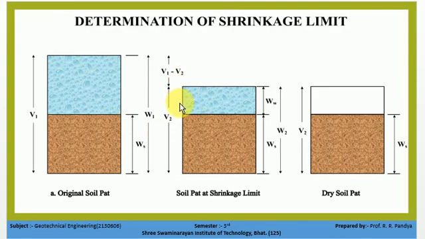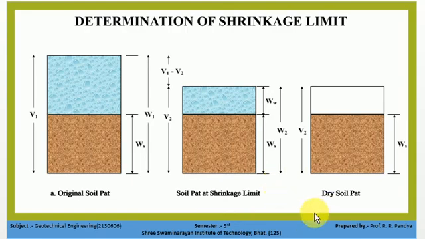The volume of the soil sample is reduced by V1 minus V2. Similarly, the weight of soil solids is the same, plus the weight of water, and the total weight is denoted by W2 for the shrinkage limit soil pad.